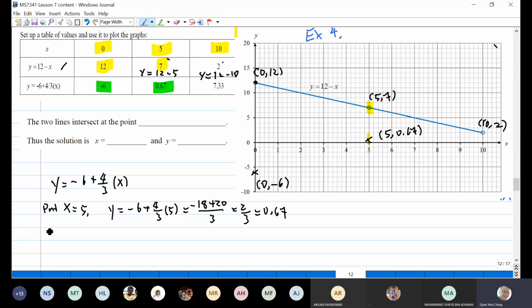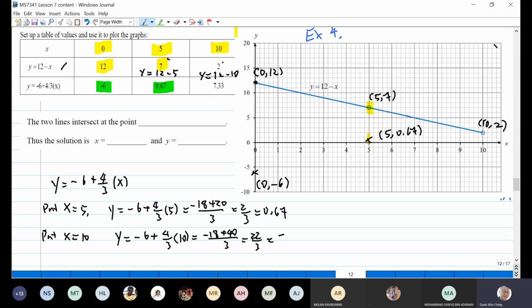Okay, what happens when x equals 10 now? The next point, x equals 10. Then y equals minus 6 plus 4 over 3 times 10. This is actually minus 18 plus 40 over 3, which is 22 over 3.